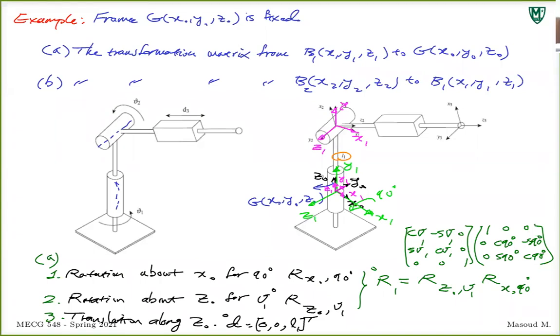For part A, we said, well, we want to find the transformation matrix from frame 1, or X1, Y1, Z1, to X0, Y0, Z0. And we said X0, Y0, Z0 is our fixed frame, basically representing a fixed frame. And remember the whole procedure. Whenever you want to find the transformation matrix from one frame to another, you always start with wherever the second one is, and bring it all the way back to where the first one is and make the axes align with the first coordinate system's axes.